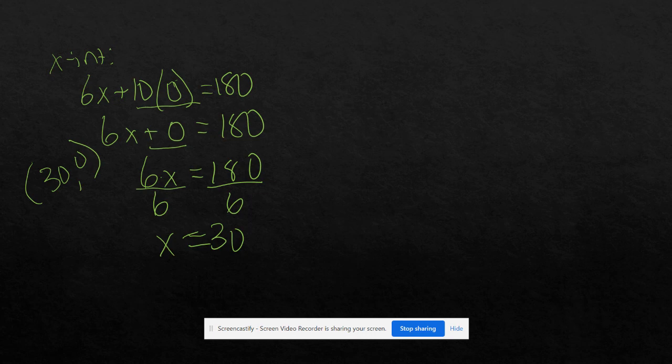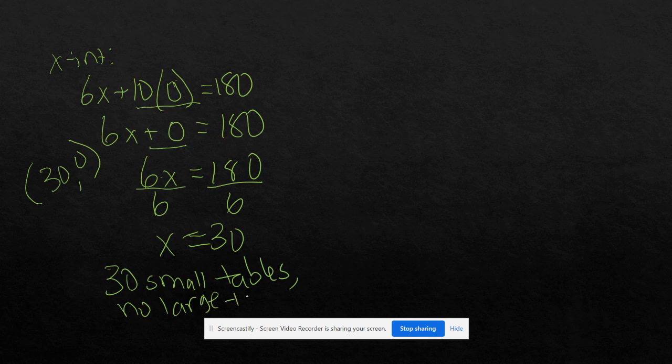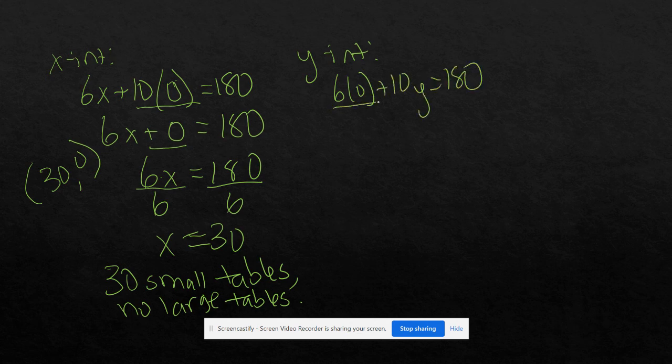What does that mean? Well, that means we would have 30 small tables and no large tables. The y-intercept, we're plugging 0 in for x. 6 times 0 is 0.